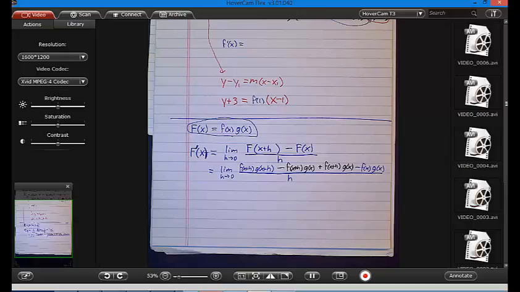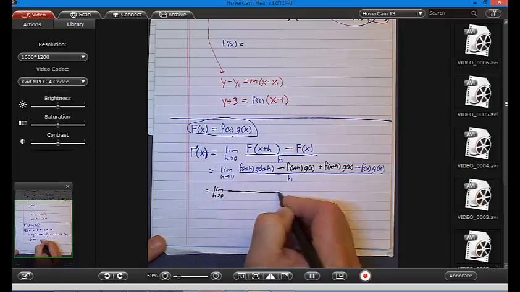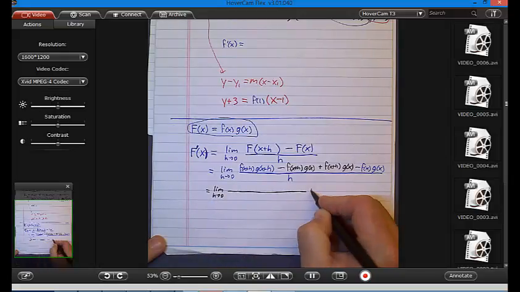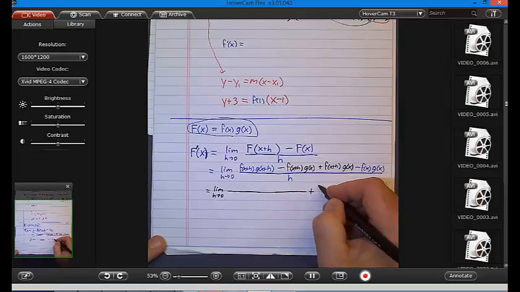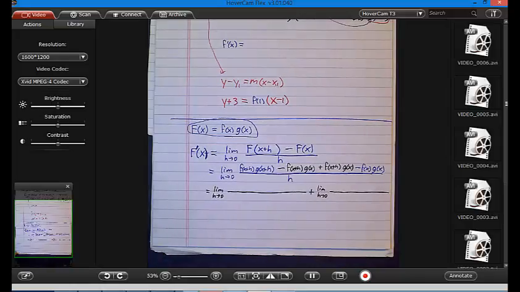Well, I'm about to use a property of limits here, which says that the limit of the sum is equal to the sum of the limits. And so I'm going to split this up basically. This huge fraction, I want to split up into two fractions.